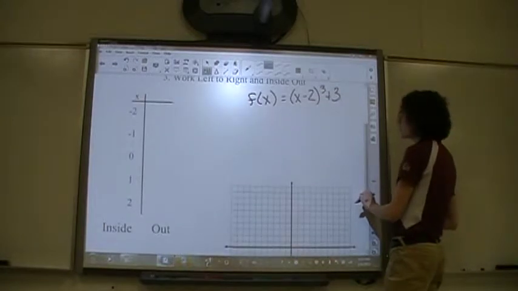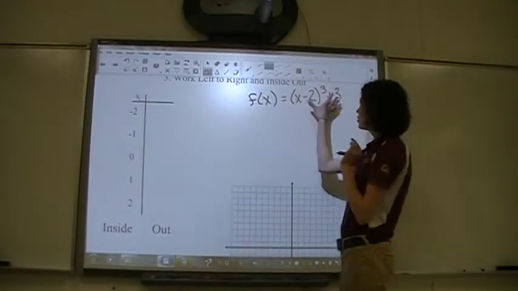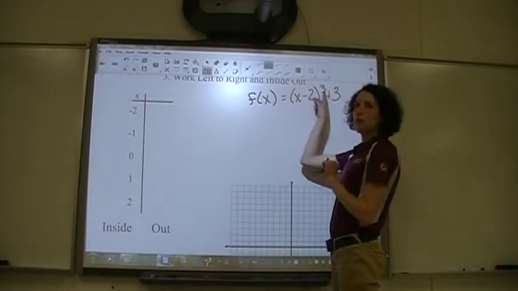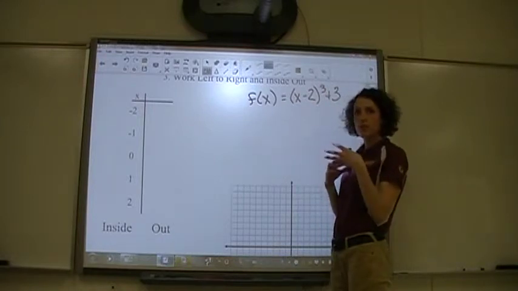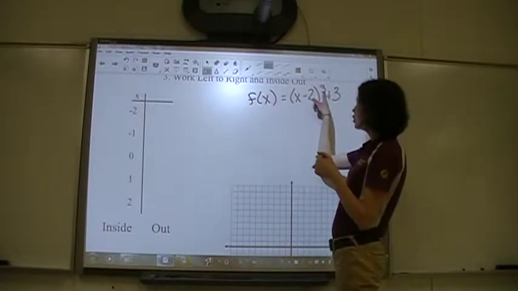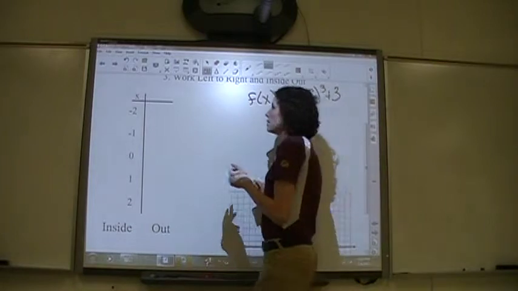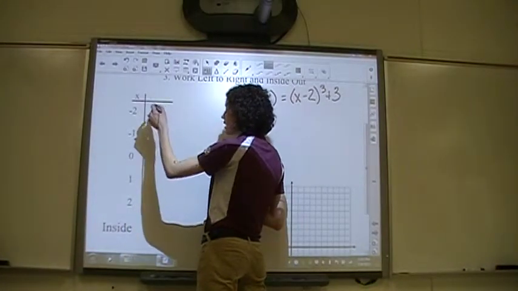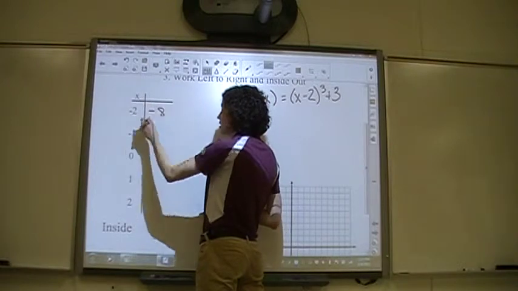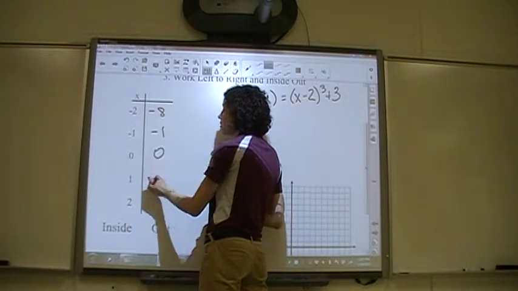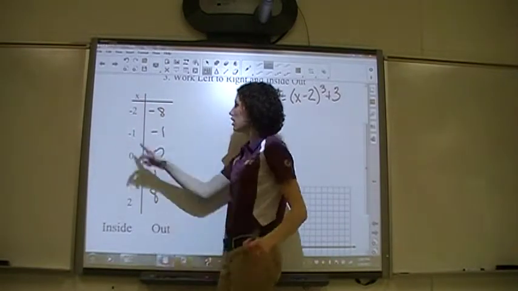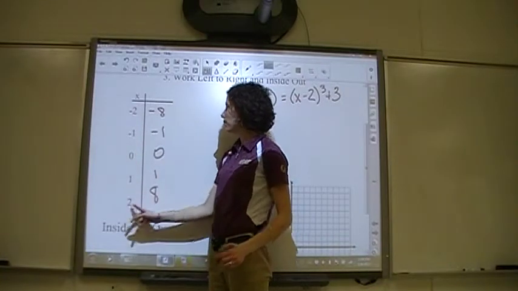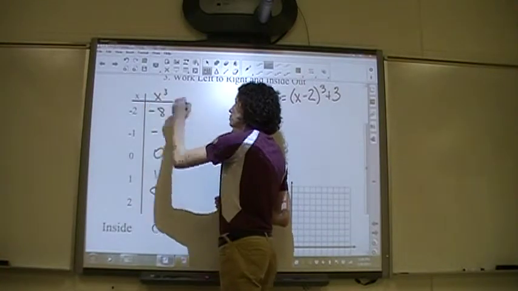The first thing I want you to do is look at the parent function, that's what I want you to get first. So I need to cube everything. I want to take everything that's on the outside and cube all of these. So I'm going to have -8, -1, 0, 1, and 8, because all I'm doing is cubing these numbers. So that is going to be my x cubed.